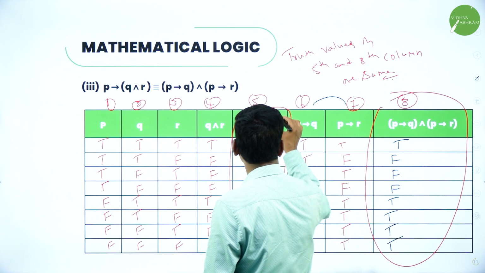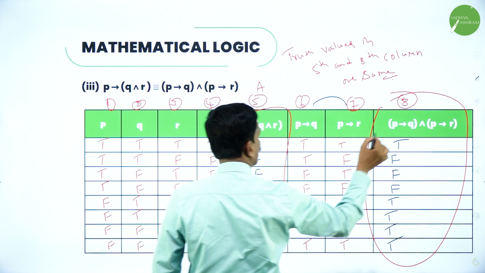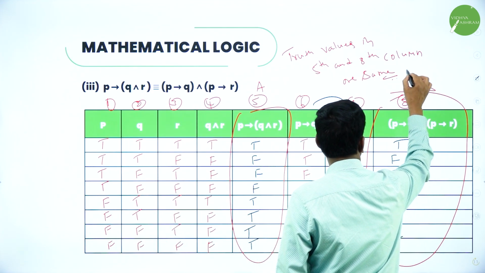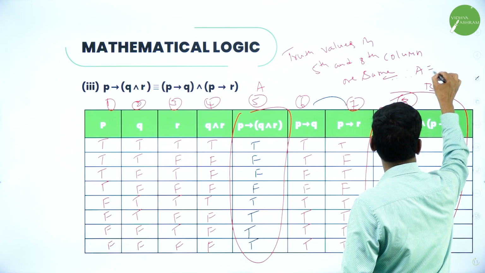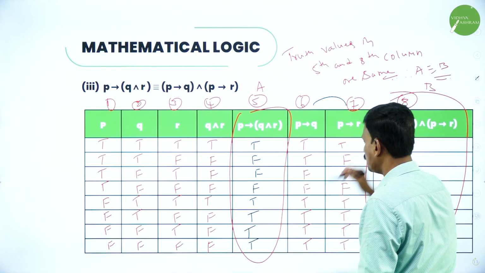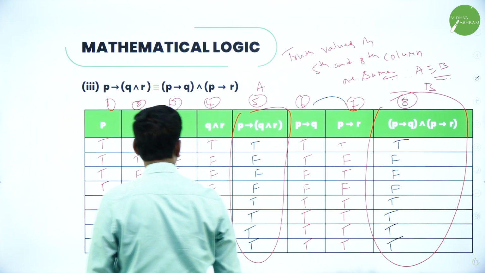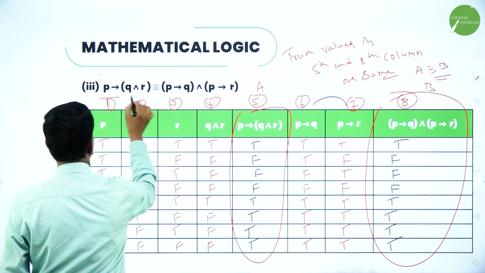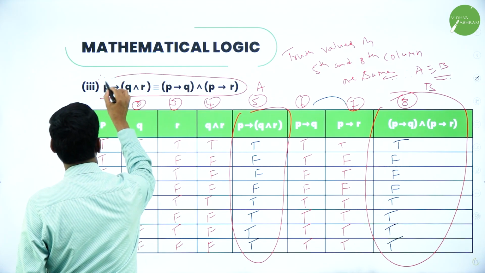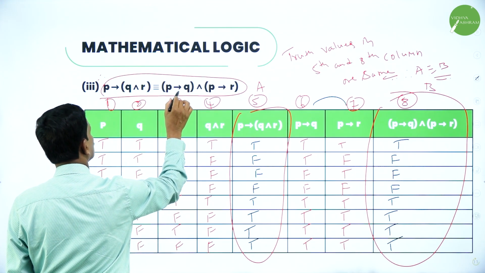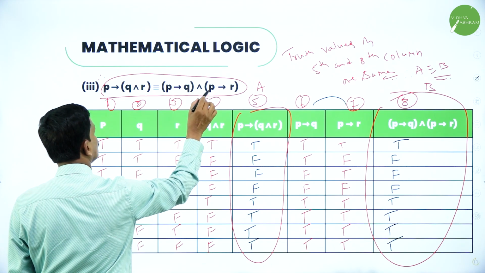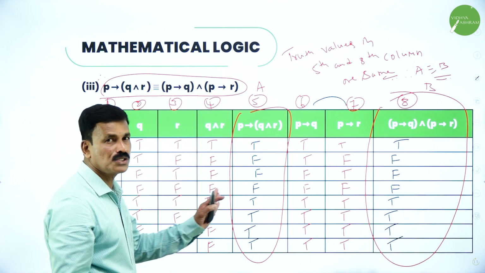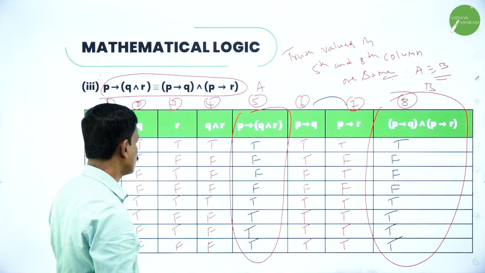Let us represent this as A and this as B. Therefore, A is logically equivalent to B. So, what do you say? We can say that P conditional to Q conjunction R is logically equivalent to P conditional to Q conjunction P conditional to R. So, these two are logically equivalent.